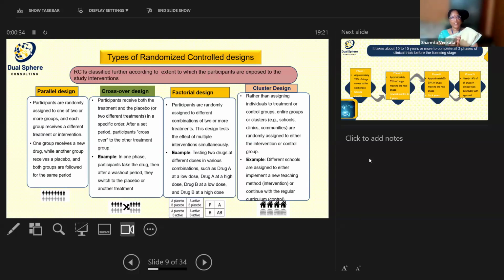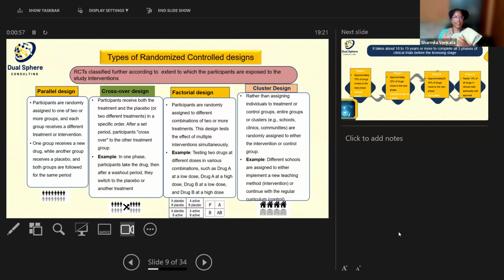And the fourth one is cluster randomization. Instead of randomizing individuals, we randomize groups like schools, villages, or clinics. For example, one set of schools adopts a new teaching method, another continues standard practice.